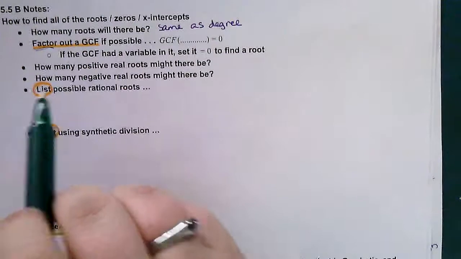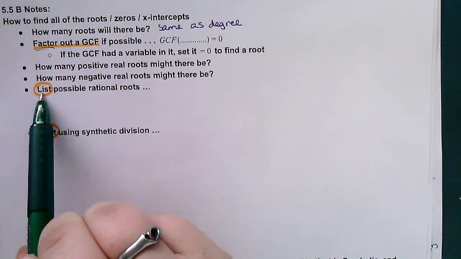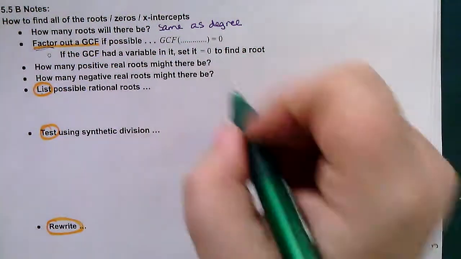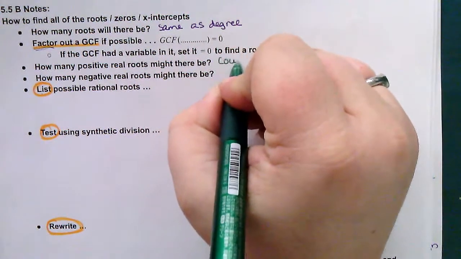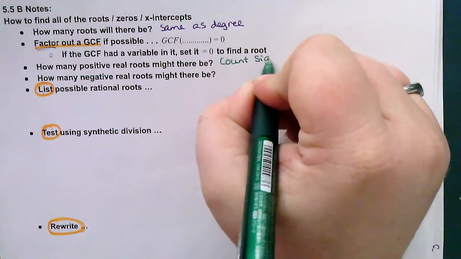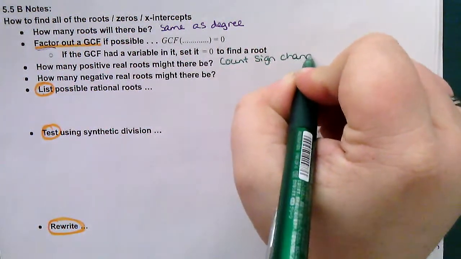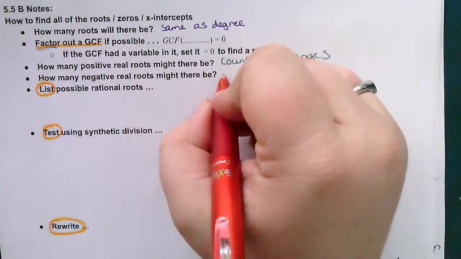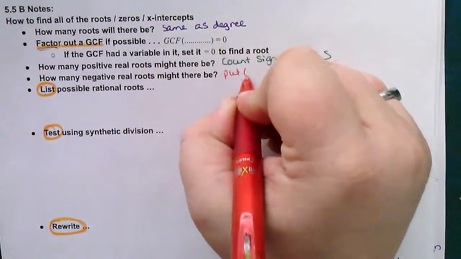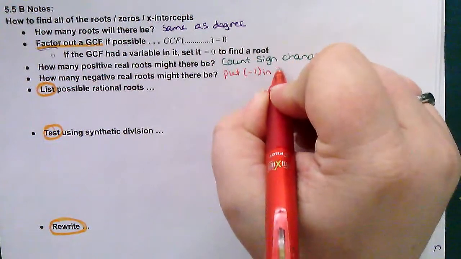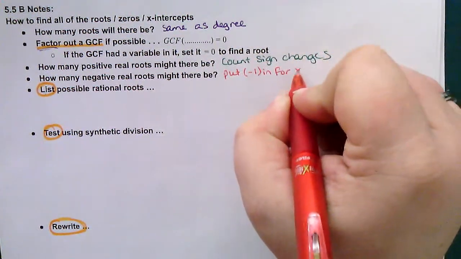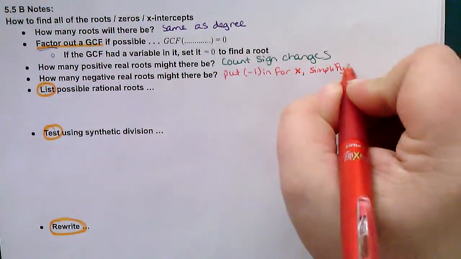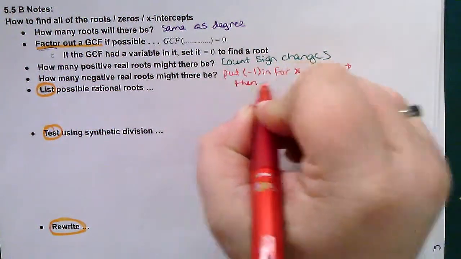So there are a couple steps so we make our list, and then there's a couple steps that can help us simplify that. One of them is telling how many positive real roots there might be. To do this, we count the sign changes of the original problem. Or telling how many negative real roots there might be. To do this, we put -1 in for x, simplify, and then count the sign changes.